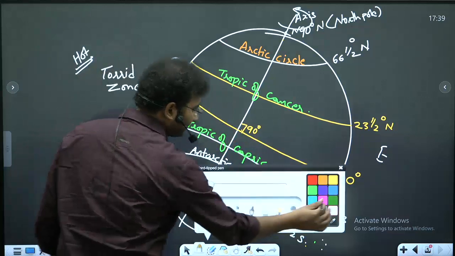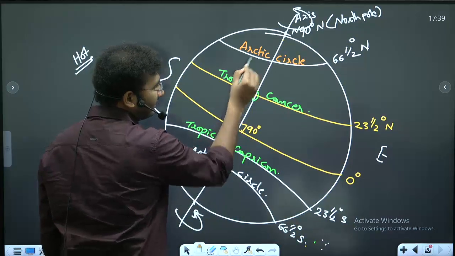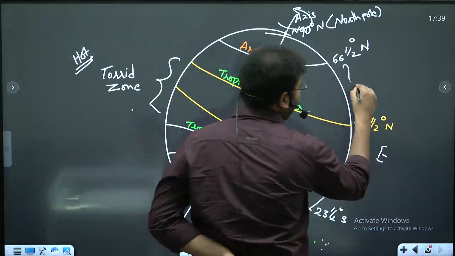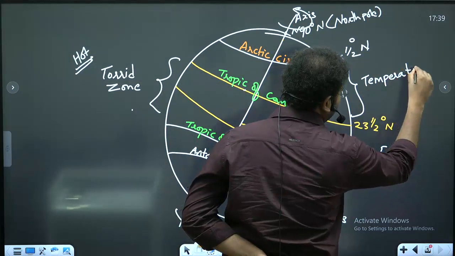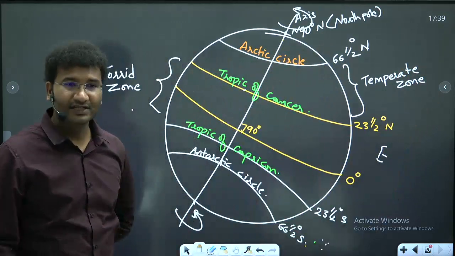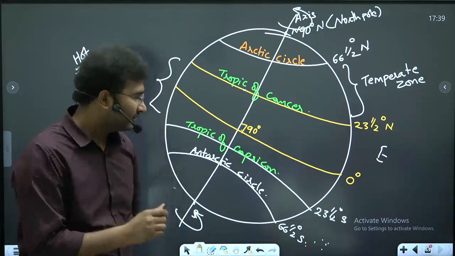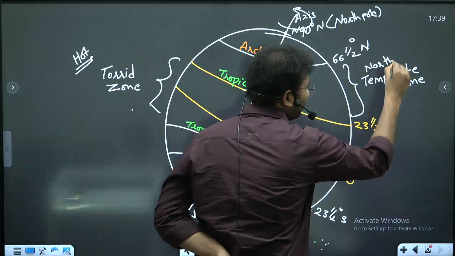Likewise, you go a little north. The area between Tropic of Cancer and Arctic Circle is called the temperate zone. Now these are called the heat zones. This is called the north temperate zone.